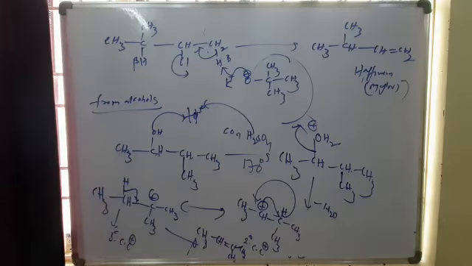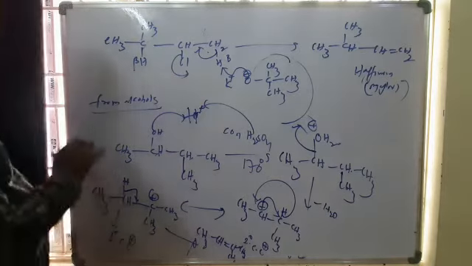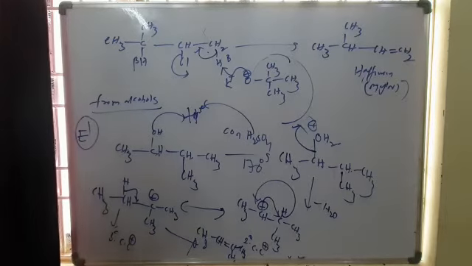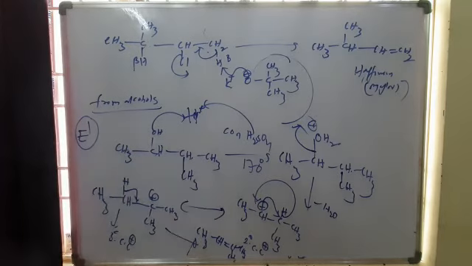The mechanism is elimination, and this is the E1 mechanism. E1 means elimination via a carbocation intermediate. So always for alcohols, if you use concentrated H2SO4, after formation of the carbocation, rearrangements take place and the highly substituted alkene is formed.